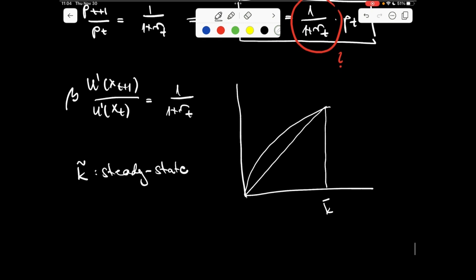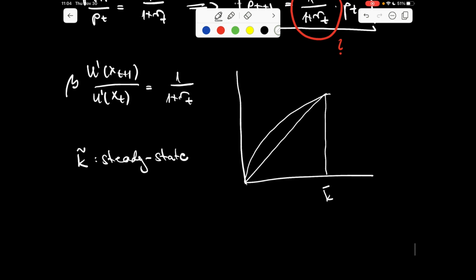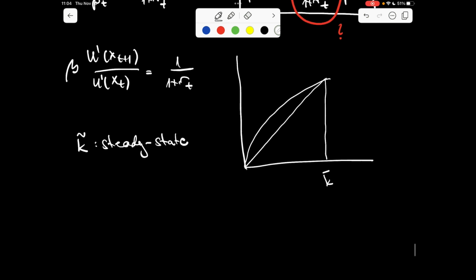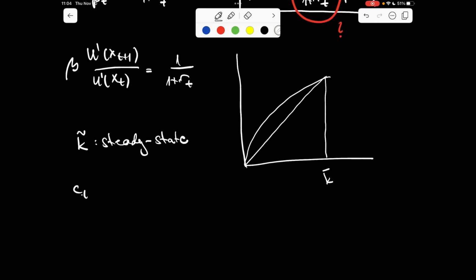So if we are in the steady state, we remain in the steady state, and we want to know more about the consumption path.